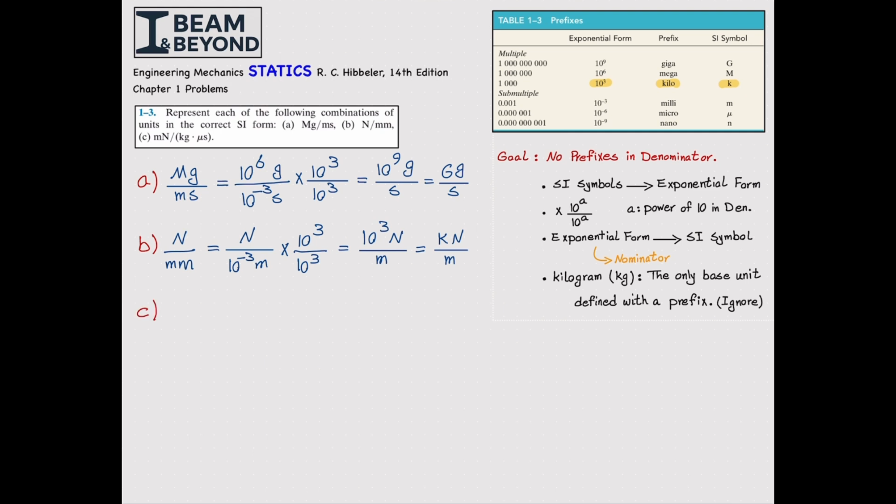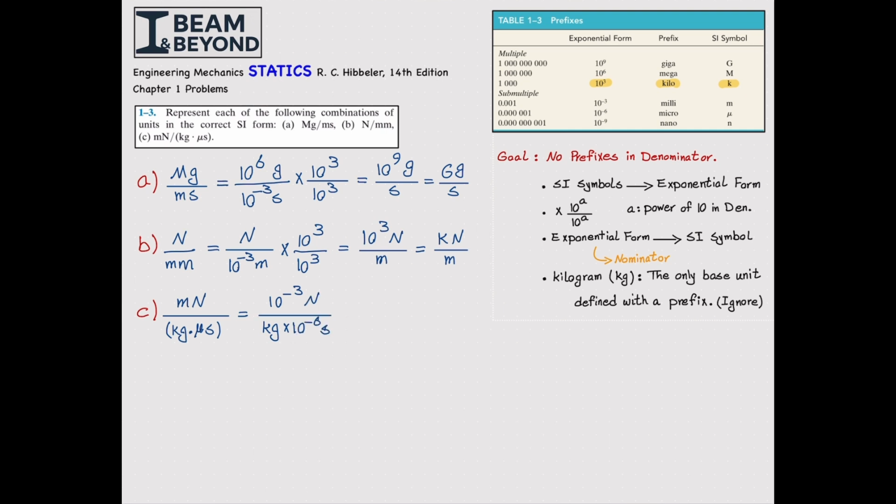In part C, we have millinewton per kilogram times microsecond. Again, we don't mess with kilogram. This equals 10 to the power of negative 3 Newton over kilogram times 10 to the power of negative 6 second.